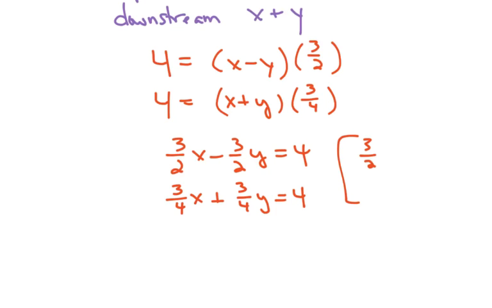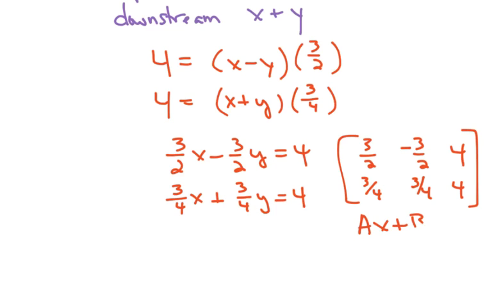So the first row is going to be 3/2, negative 3/2, 4. And the second row is going to be 3/4, 3/4, 4. When you use a matrix, the equation has to be in this format, which is why I reversed the order of the equation. Watch out for negative numbers, because one of the most common mistakes students make is that they plug in a positive instead of a negative, and it will throw your whole answer out.